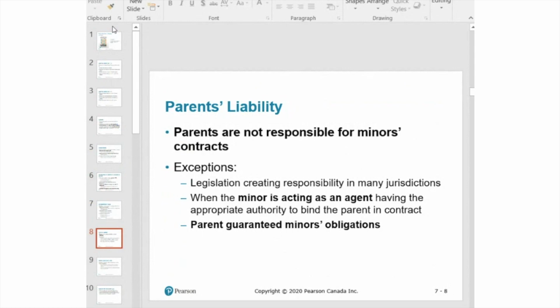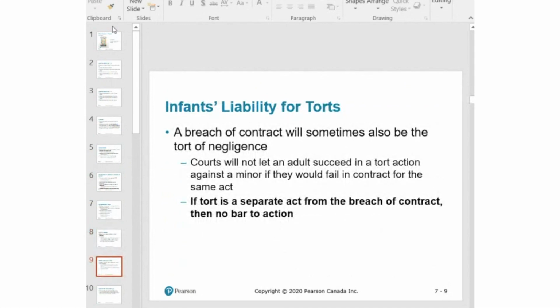So parents are only liable for the minor's contracts if they guarantee the minor's obligation, if they sign together, or if the law says so. Okay, so that's an exception for parents' liability, but the general rule is that parents are not liable for the minor's contracts, nor are parents liable for the minor's torts.